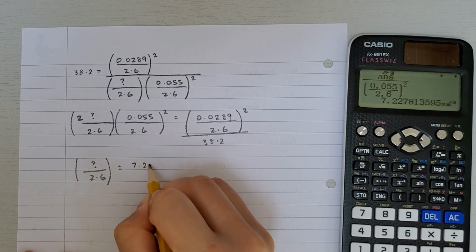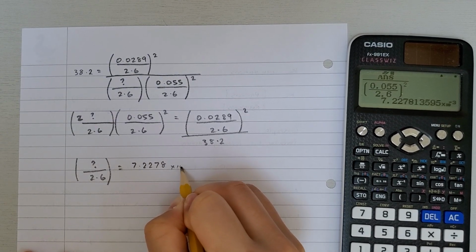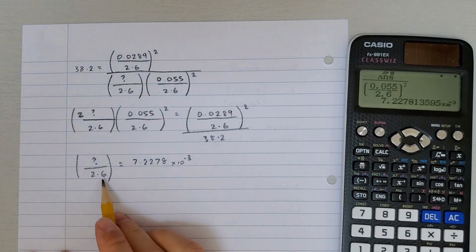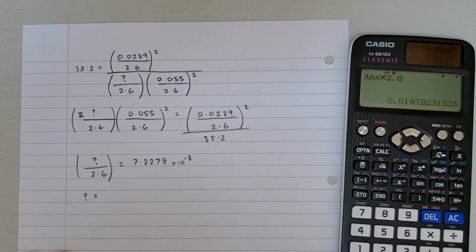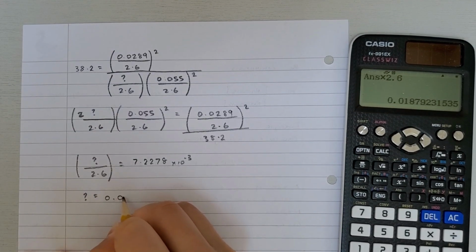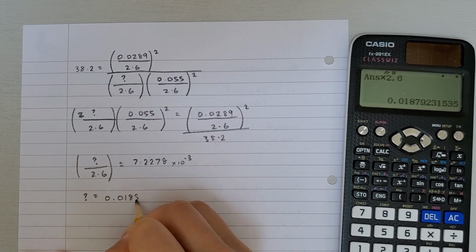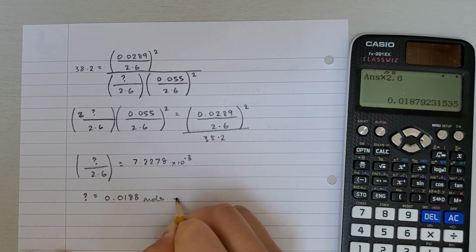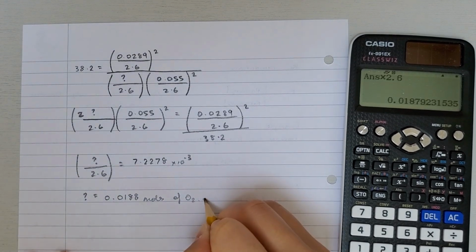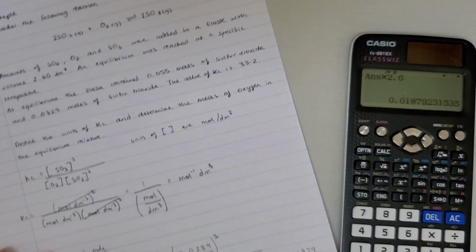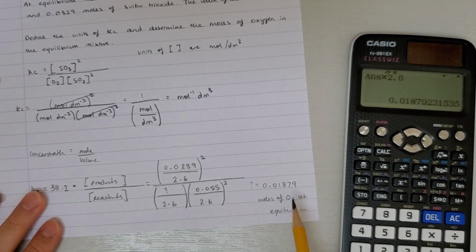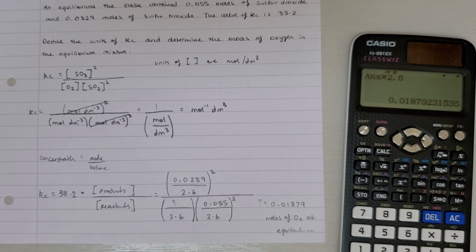That gives us 7.2278 times 10 to the negative 3, and then we multiply by the volume. And we've got 0.0188 moles of oxygen at equilibrium, which is what we got previously. So that's how you do Kc calculations.